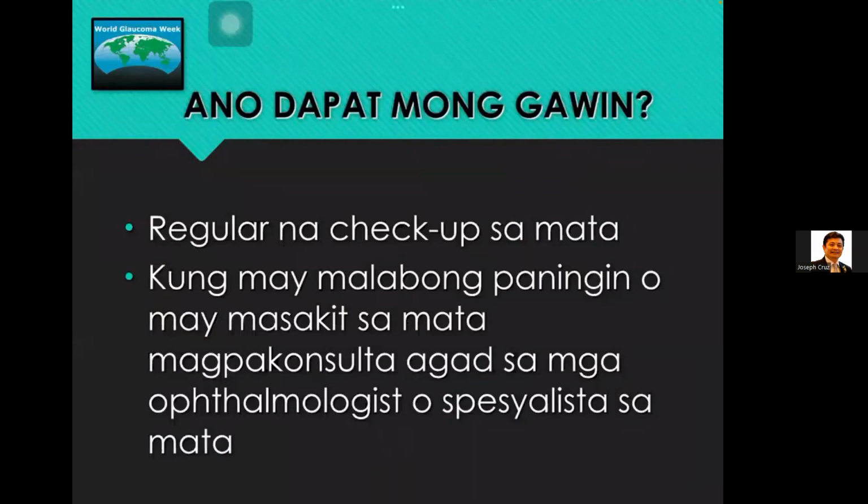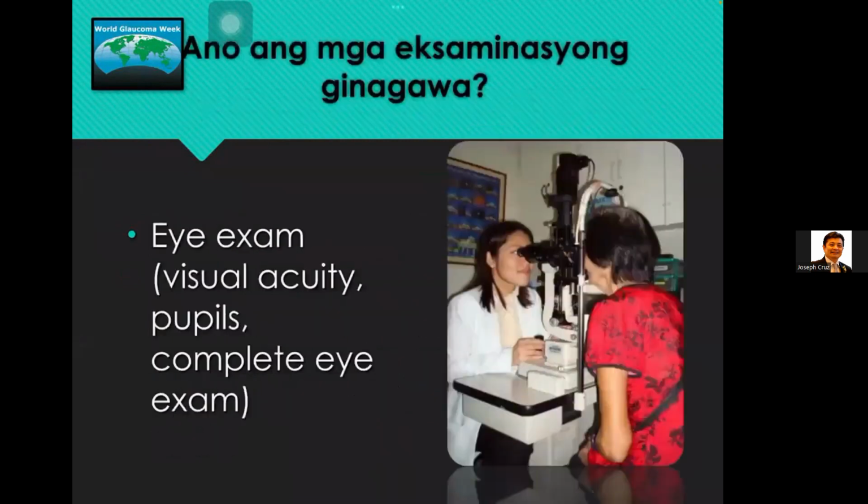So, what are the things that we should be doing in order to assure ourselves that we have or don't have the disease? Of course, a regular checkup, especially if you have that history in your family. Okay? If there is pain in your eye that you honestly don't know what it is, then certainly that is something of concern, and you should have it checked out so that we can check the pressure of your eye and take a look at that nerve as well.